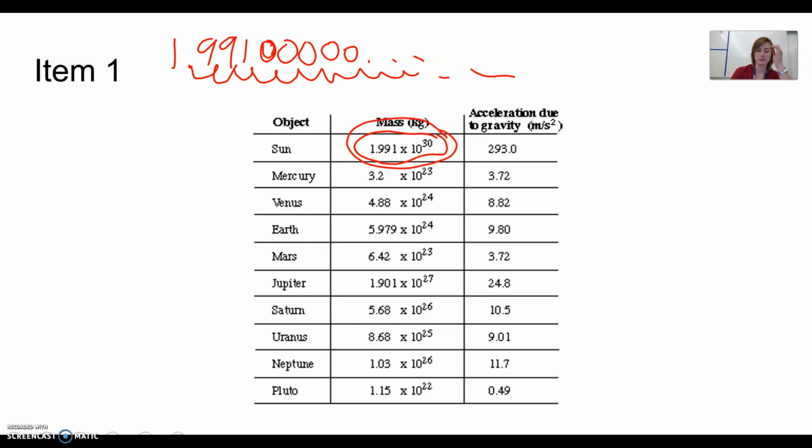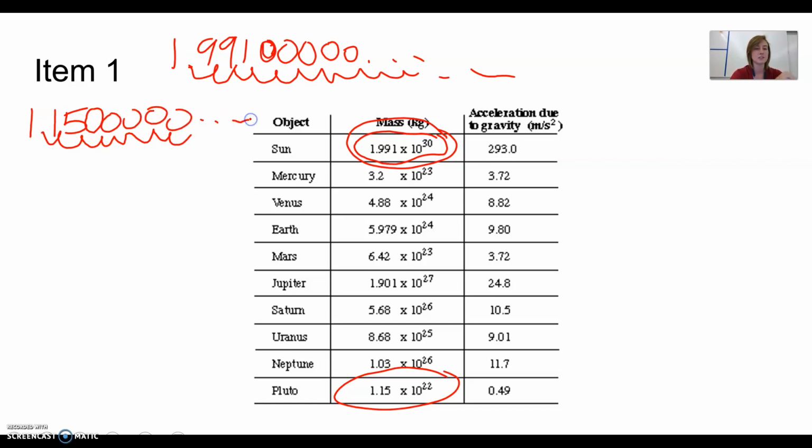Let's look at another one, like the one at the bottom, Pluto. 1.15 times 10 to the 22nd. So that would be the same thing as 1.15, but then you move the decimal place 22 times. So that would add like 20 zeros onto the end. So that's also a really big number.